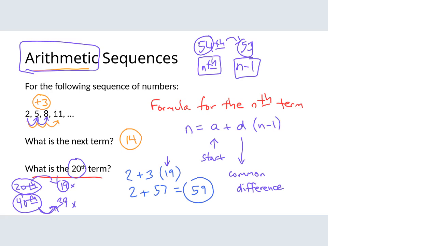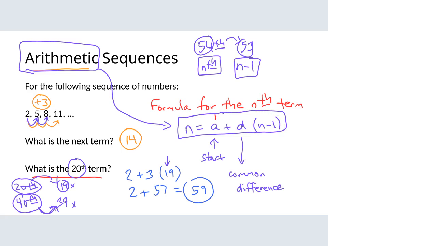So what we're going to have for our general formula for an arithmetic sequence is the nth term is always going to equal the starting point, which we're calling A, plus the common difference, whatever that might be for that particular sequence, times n minus 1.